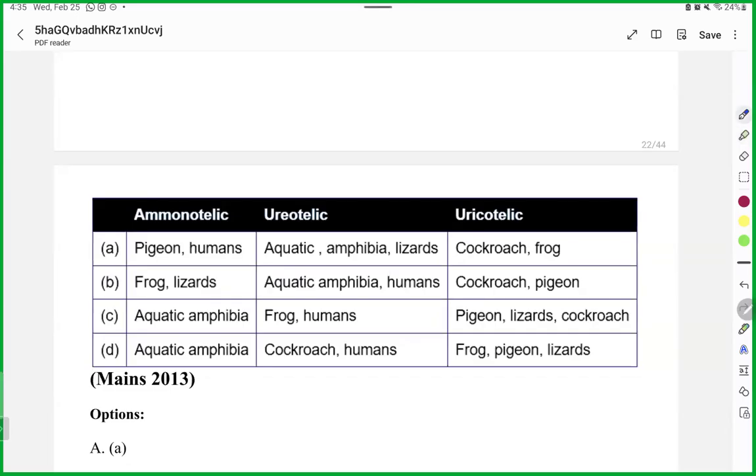Option C, what is pigeon? Pigeon is uricotelic, uses the least amount of water. This is wrong. Frog is ureotelic, so this is wrong. What is cockroach? Cockroach is uricotelic. So this is wrong. So it's option C, sir.